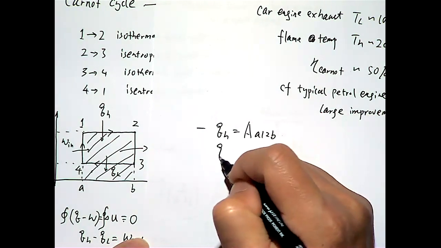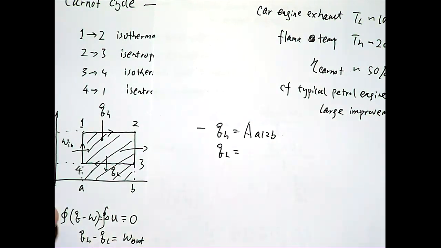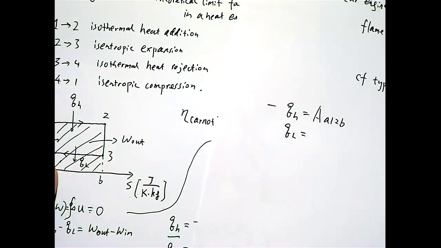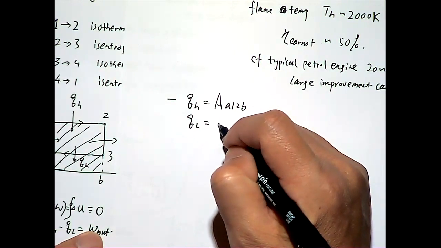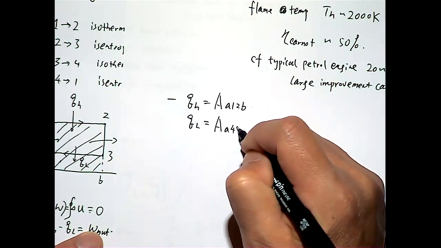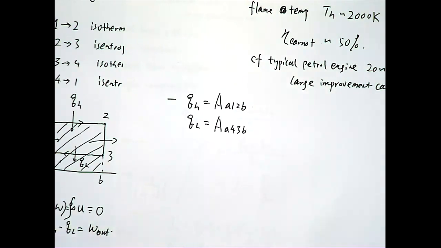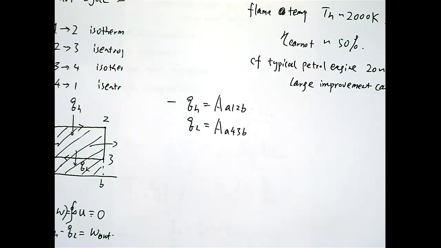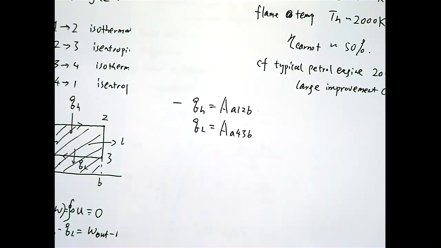And the QL, similarly, corresponds to TL times the entropy difference here. That can be written as the area of A, 4, 3, and B. And what does the net work stand for on the TS diagram in terms of area?